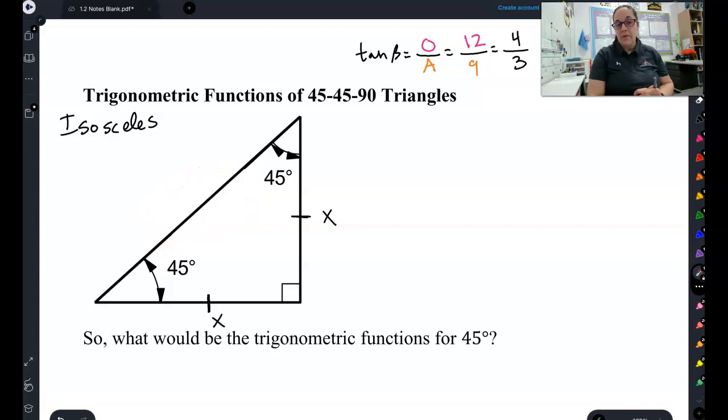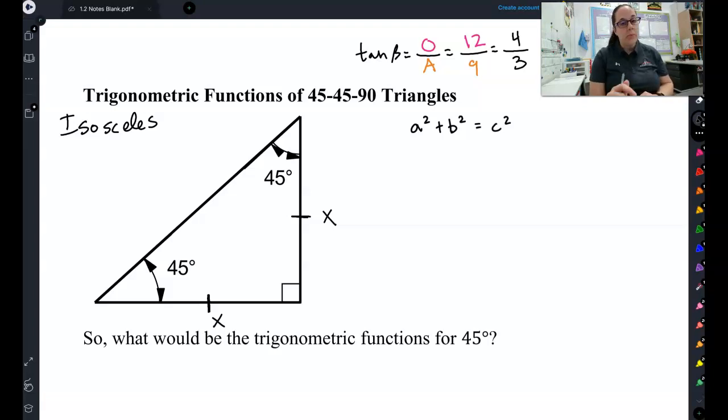Let's say I then told you I want you to find the length of the third side. Don't you have a tool in your toolbox that says if you know two of the sides, you can solve for the other side? Hopefully, you thought of Pythagorean's theorem. Pythagorean's theorem is the way that we take, if we know two sides of a right triangle, we can solve for the third side.